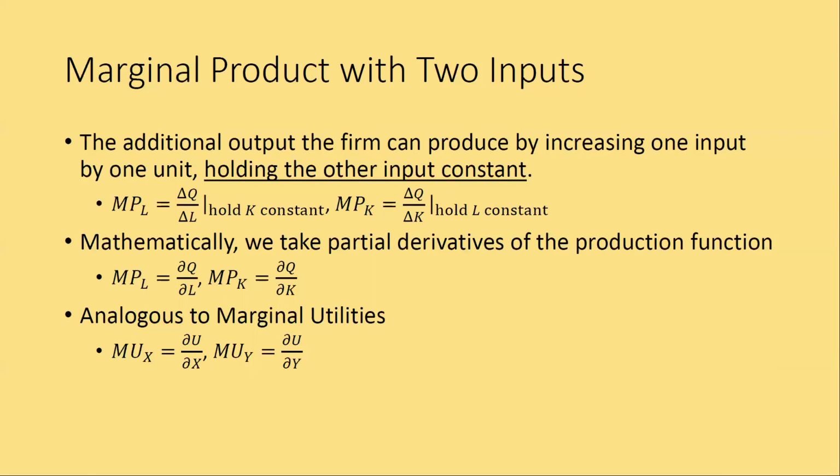Very similar to the marginal utility when we have 2 goods. And everything is the same mathematically: we are taking partial derivatives of the total production function, all right? This is totally an analogy to the marginal utilities.